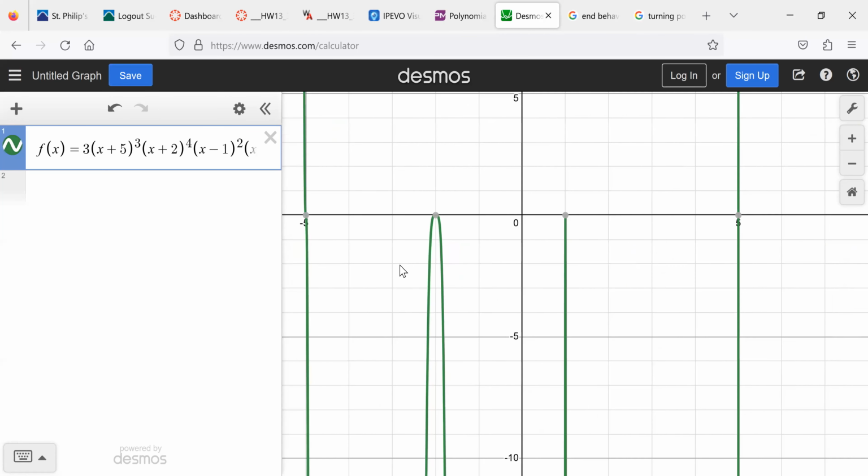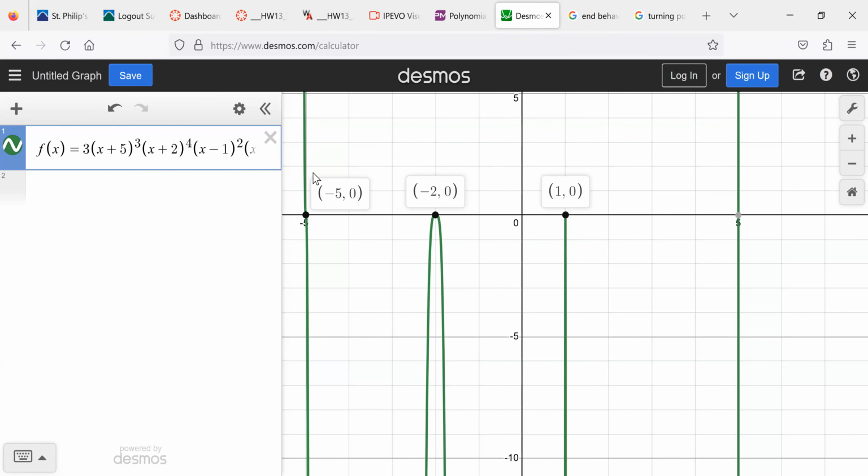So we had x equal to -5 corresponding to the first factor here, x plus 5 cubed. Since it is an odd multiplicity, it will cross the x-axis and go over. X plus 2, which corresponds to the -2, bounces off that location because it is an even multiplicity.